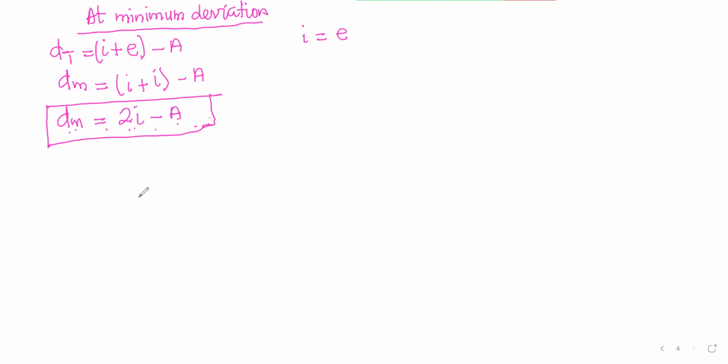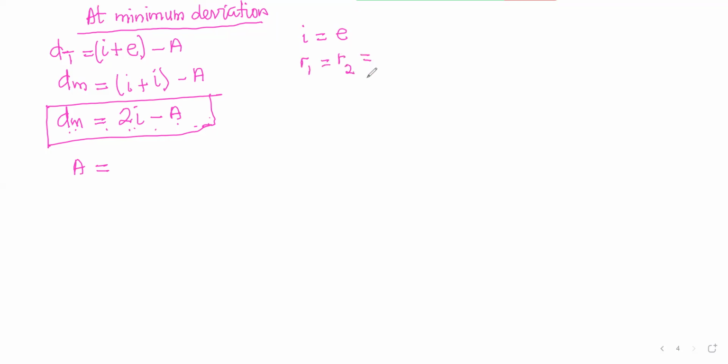So you see that A is equal to R1 plus R2. And at the minimum deviation, the first angle of refraction is also equal to the second angle of refraction. So A would also be equal to, you see, this time around, at the minimum deviation, R1 is equal to R2.